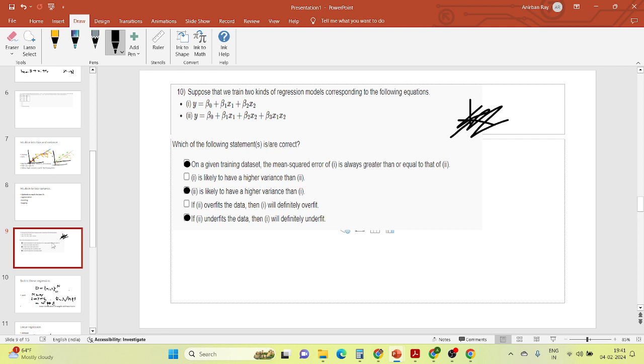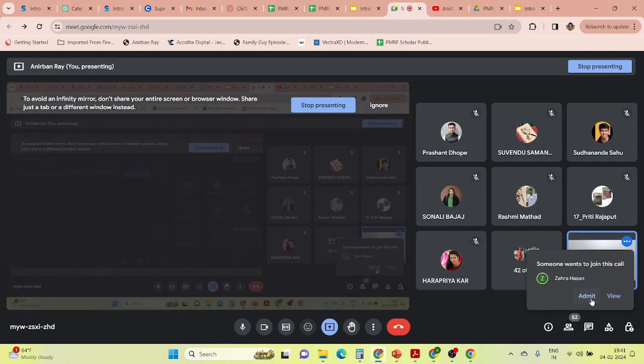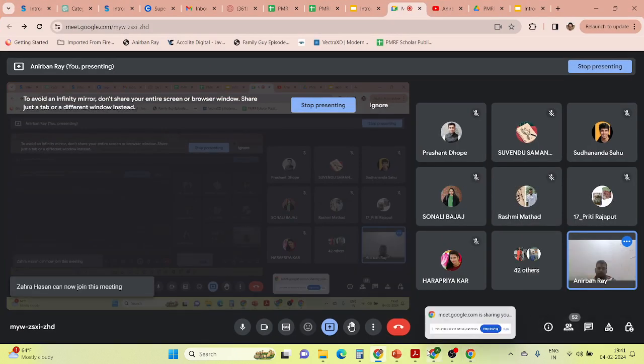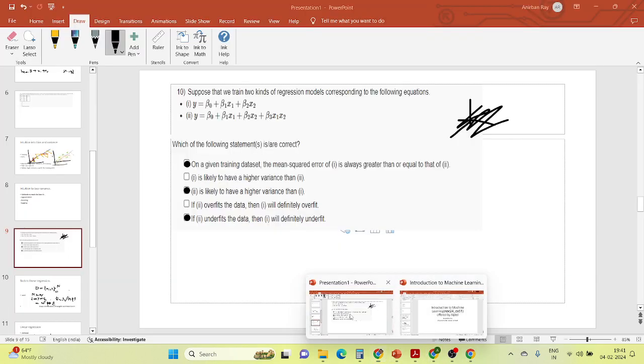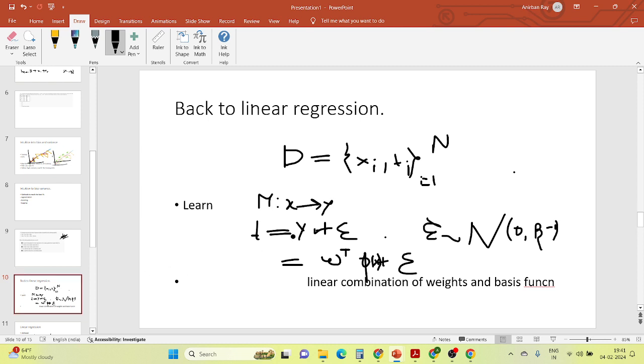So we move to the next part. We'll get to the mathematics of regression now.